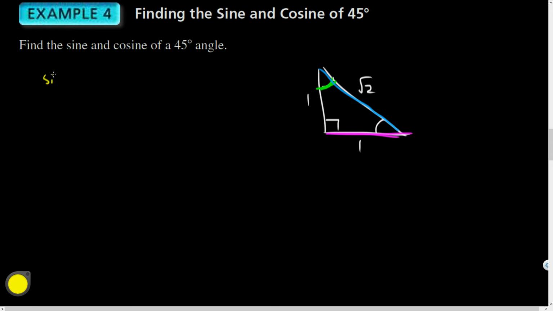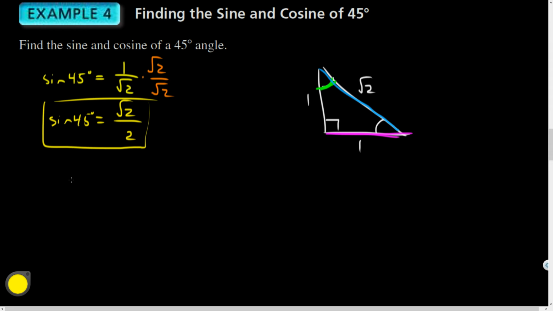So sine of 45 degrees, you'll have this memorized one day, is 1 over the square root of 2. Of course, I can't leave the rad 2 in the denominator, so I've got to multiply by rad 2 over rad 2. So sine of 45 degrees is going to equal rad 2 over 2. And guess what? Cosine's the same, because those are complementary angles, and we had that property a moment ago.